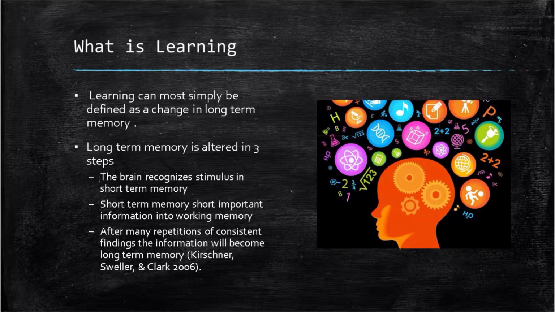That information enters the short-term memory, and the brain decides whether or not to dismiss it or act on it. If the brain decides to act on it, it then becomes working memory. Working memory helps you remember where you're going, what you're doing. If you forget what you're going into a room to grab, that's a fault in your working memory.